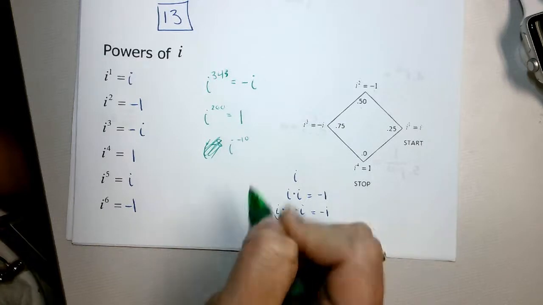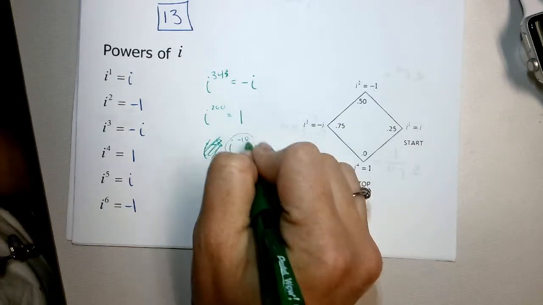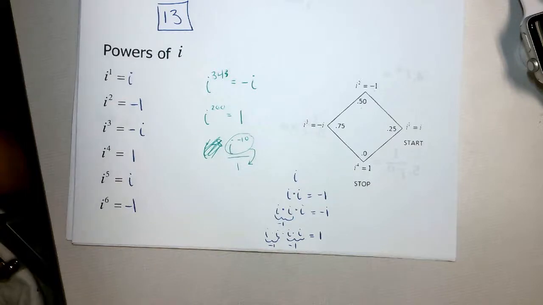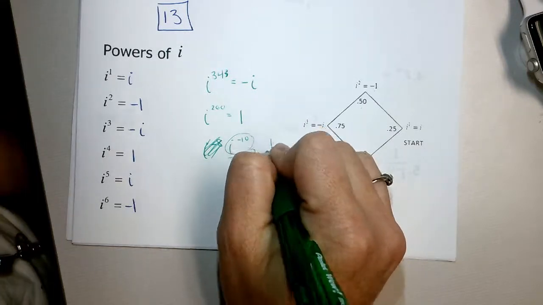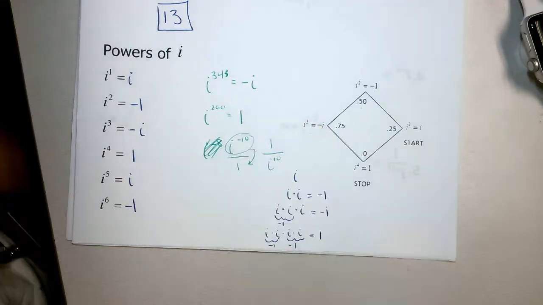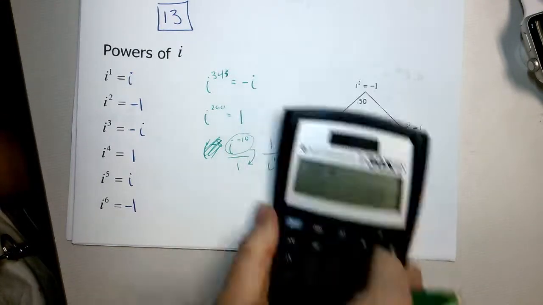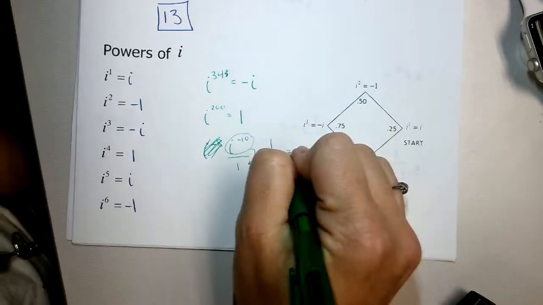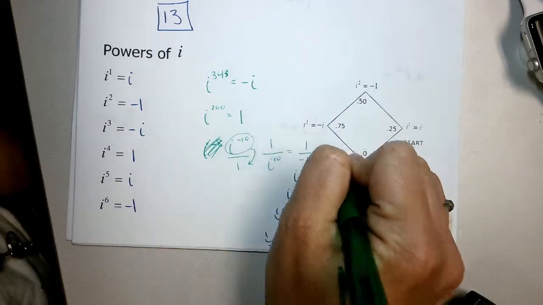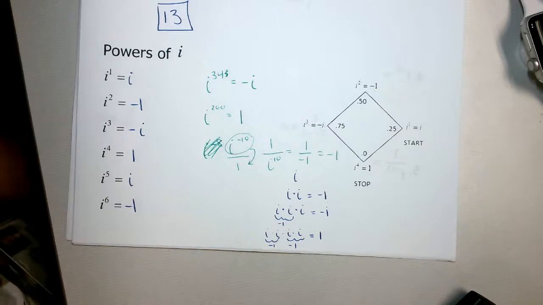So when I make it a fraction, I move it to the opposite side because it's negative, and I get 1 over I to the positive 10. Well, 10 divided by 4 is 2.5. So 0.5 gives me negative 1, so I get 1 over negative 1, which just equals negative 1. So does a negative exponent change anything? Yes and no. It depends on what it is. Any questions here? Okay.